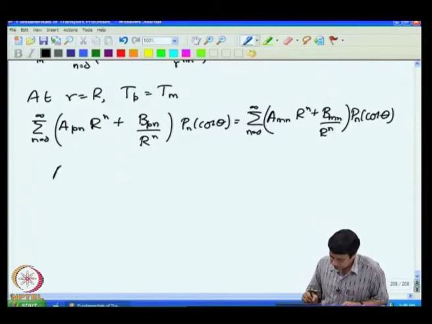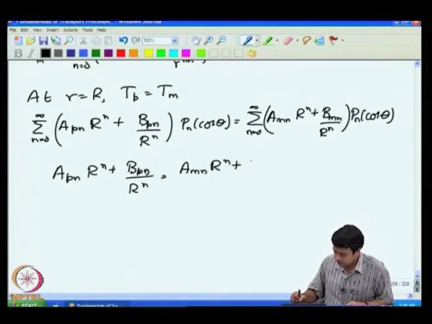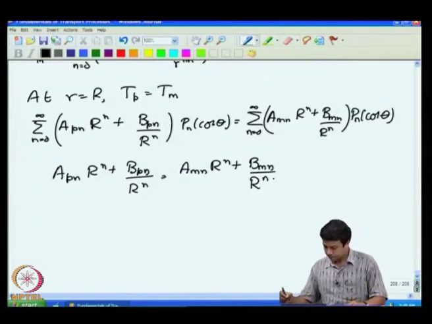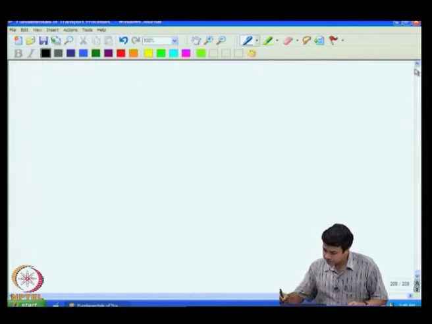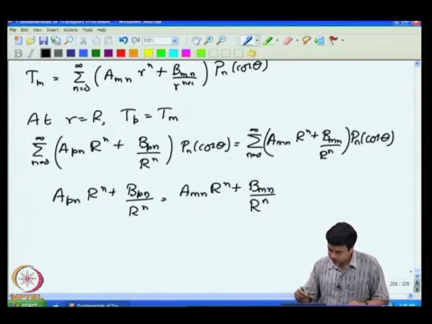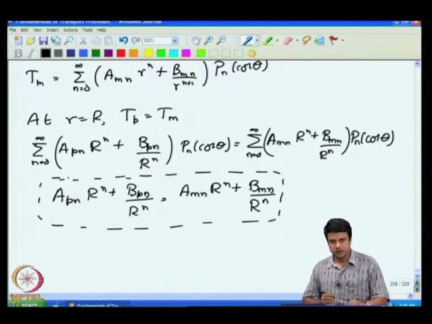That is, Apn r^n plus Bpn by r^(n+1) is equal to Amn r^n plus Bmn by r^(n+1). So, this is one set of conditions from the temperature being equal at the bounding surface.